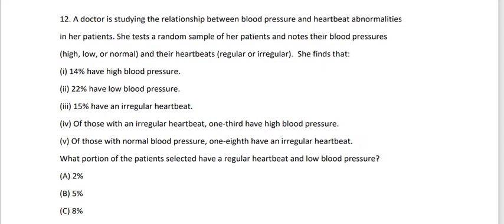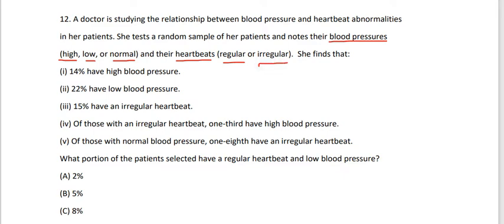For problem 12, a doctor is studying the relationship between blood pressure and heartbeat abnormalities. So we want to study their relationship. For blood pressure, we have 3 types: high, low, and normal. And heartbeat has 2 types: regular and not regular.